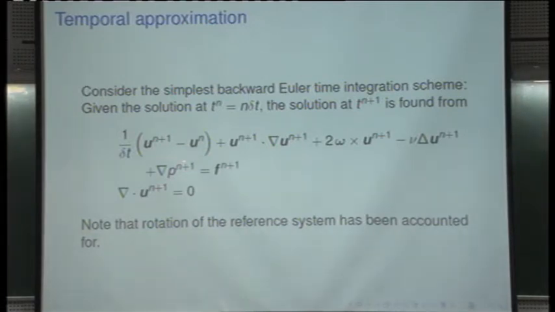I did that just to make things simpler. It's easier to work with time discrete equations. So we have the discretization of the time derivative, the convective term, the viscous term, the pressure gradient, and I have included the Coriolis force just to highlight that we may have problems.